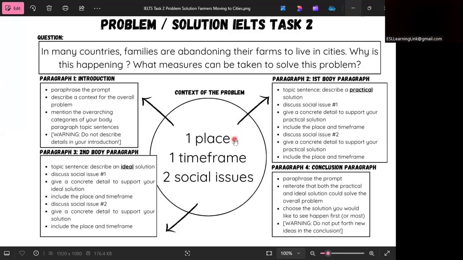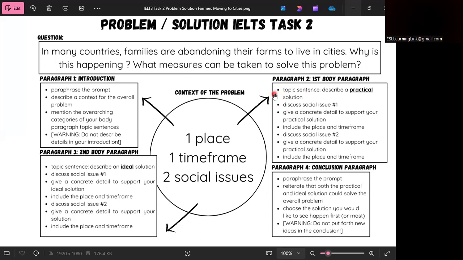This is why it's really important to choose a place you know, because you'll know which solutions are practical and which solutions are more idealized and not realistic, but would be nice if it could happen. You'll have that more fluent understanding. Okay, so you write your topic sentence.